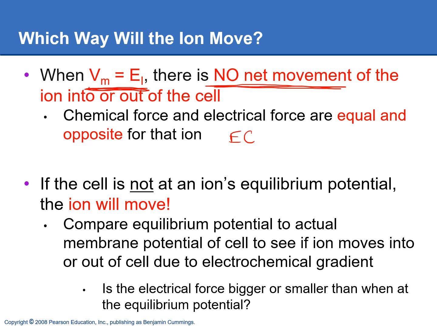And so the electrochemical driving force for that ion is equal to 0, and that's why there's no net movement of that ion. But if the cell's membrane potential is not at the ion's equilibrium potential, then the ion will move. Okay, and that's where we're going to compare the equilibrium potential to the actual membrane potential and figure out if the electrical driving force has gotten bigger or smaller than when the cell was at the equilibrium potential. So we're going to do some examples and show you how this works.